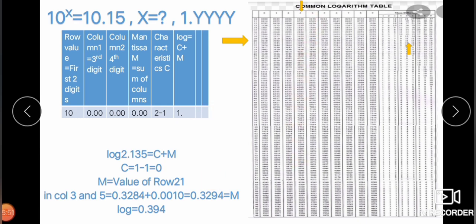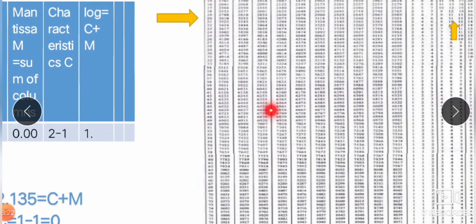Next, let us see log of 2.135. Characteristics of this number is 0 because there is one digit, 1 minus 1 is 0, and value of this log for the row 21 in 3 5 is seen here.